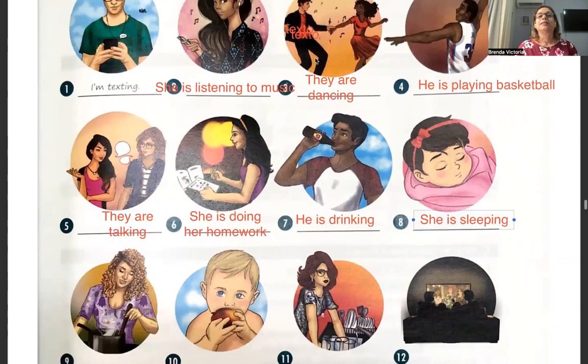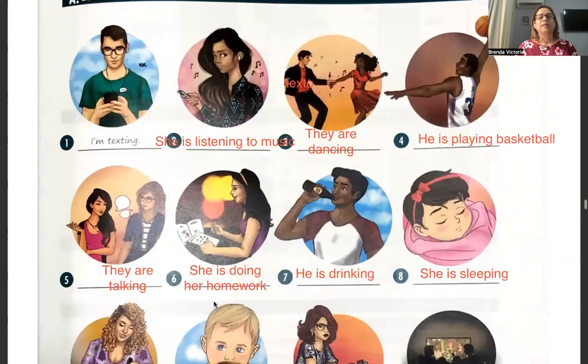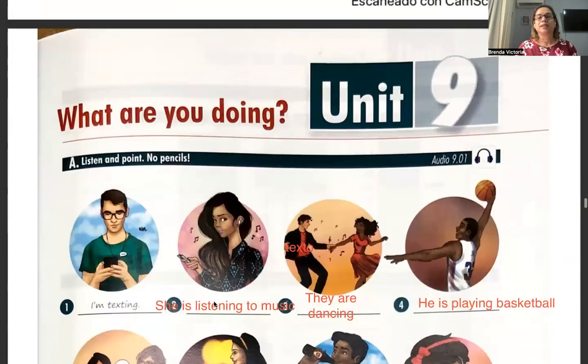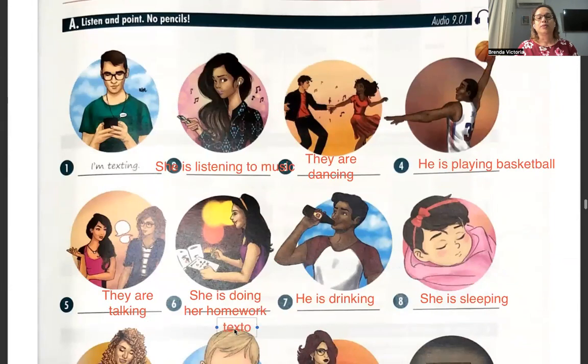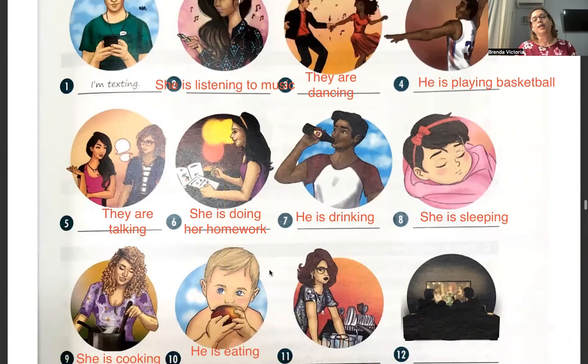All right, then the next one. What is she doing? She is cooking. Number 10. What is he doing? He's eating mango. Okay, good.